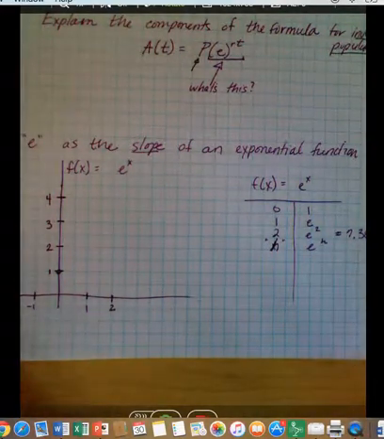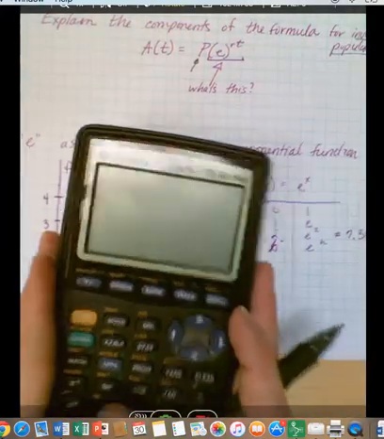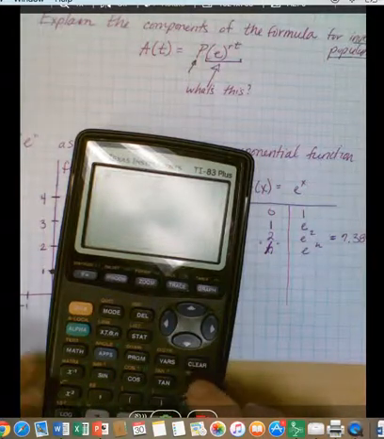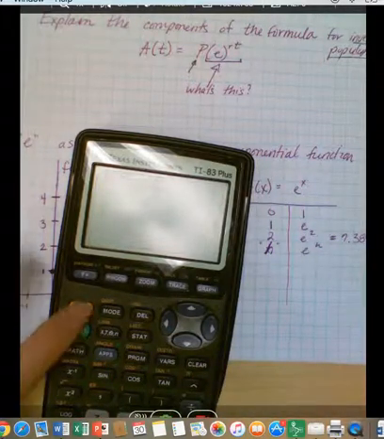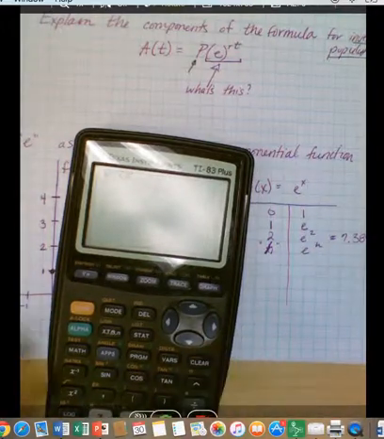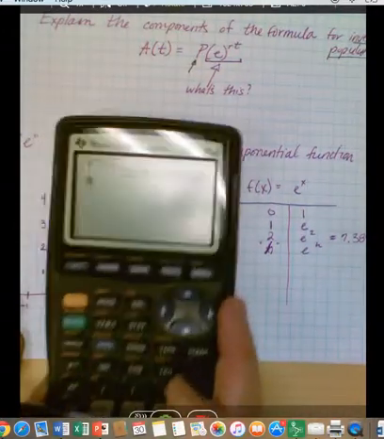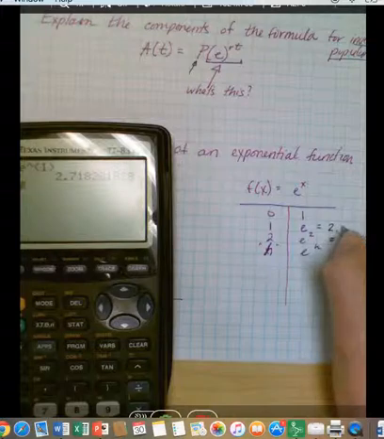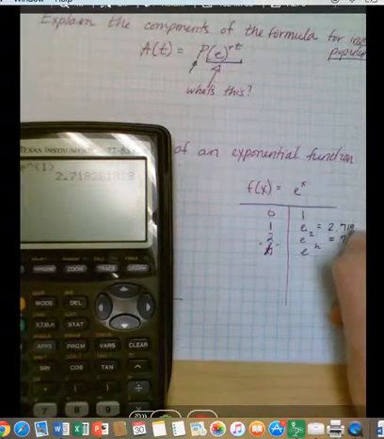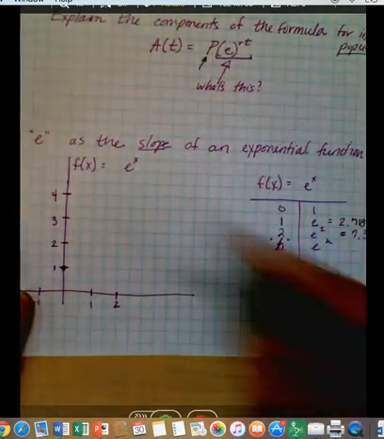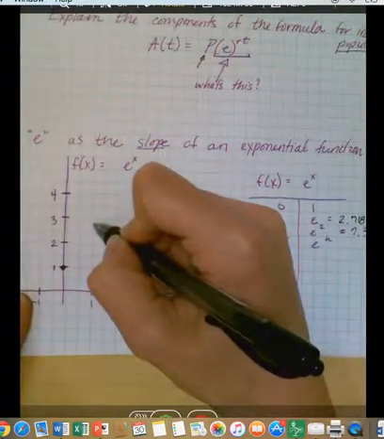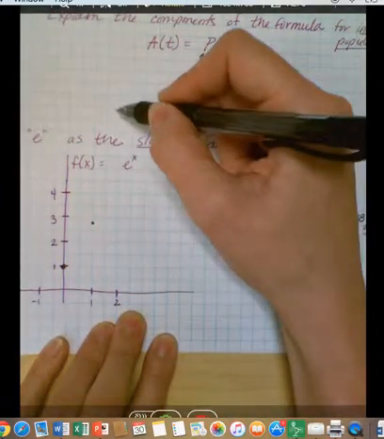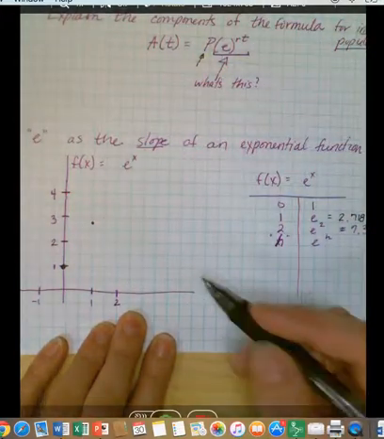I got my calculator: e to the 1 is 2.718. And then e to the second is like 7, so it's going to be way up here. So think exponential function, right?